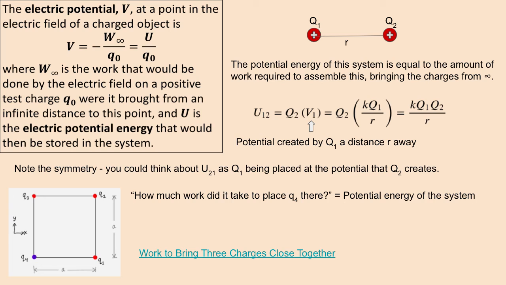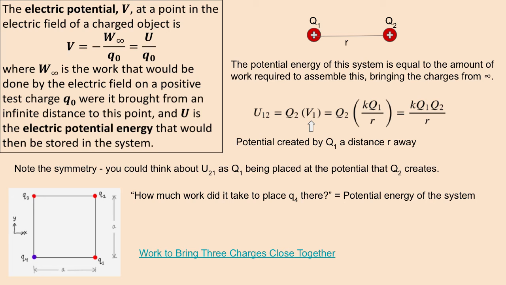So you can write Q2 times V1, where V1 is kQ1 over R, and so it's kQ1Q2 over R. You can, of course, looking at that symmetry, do the same thing: put Q2 there, and then bring Q1 in. Q1 is now experiencing that potential that was created by Q2, and so you get that symmetry. These arguments should be pretty similar to the ones where we talked about getting the force from the electric field.